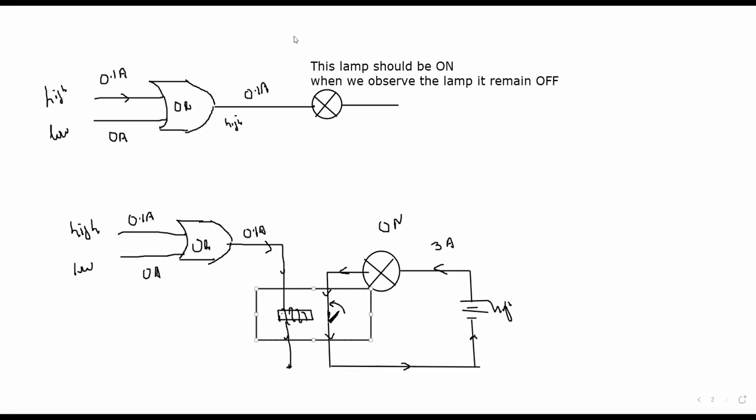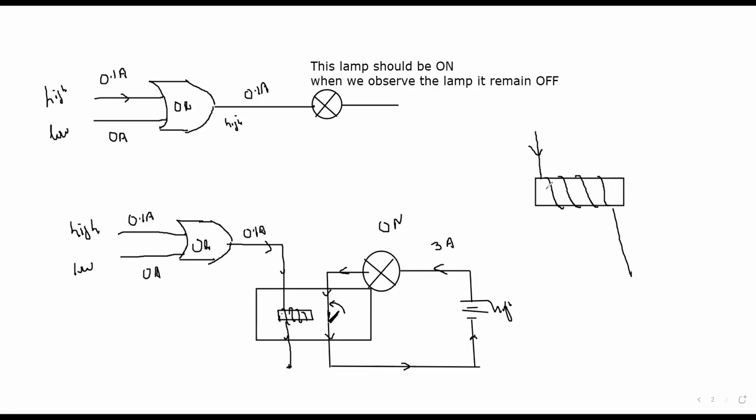This is an electromagnet. Electromagnet means when there is a current, no, this is not the change in the magnetic field. Look, you have a wire which is turned around. This is the relay coil.